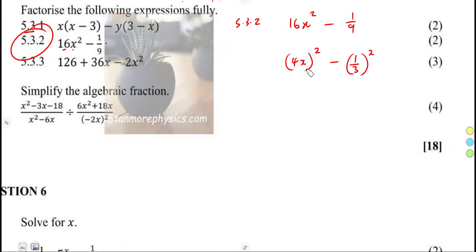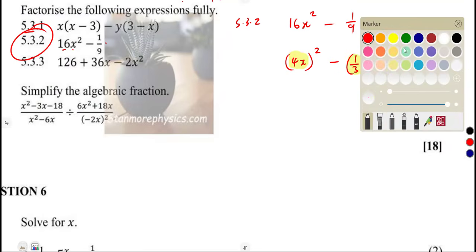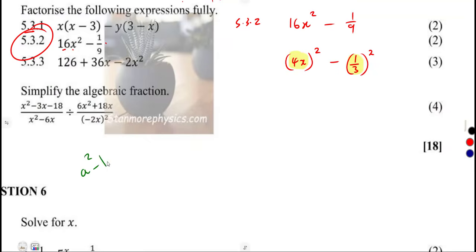Remember, from our difference of two squares, a squared minus b squared was taken from a plus b into a minus b. The terms are raised to the power of 2. In our case, it's 4x and 1 over 3, the square roots of these terms.